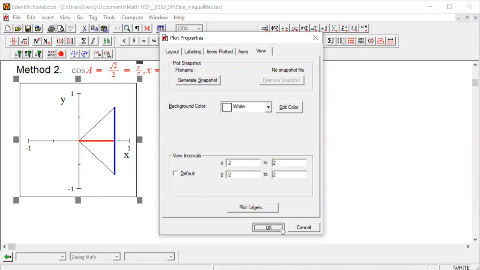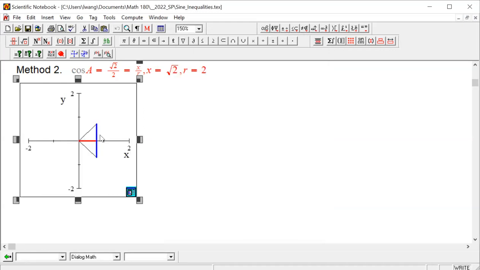I'm going to change the scale a little bit. So this is on the unit circle. What if I don't choose the unit circle? Now the radius is 2, right? Instead of 1, the radius is 2, double the length.